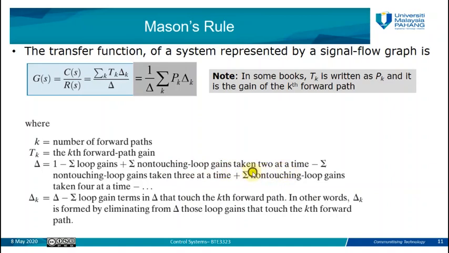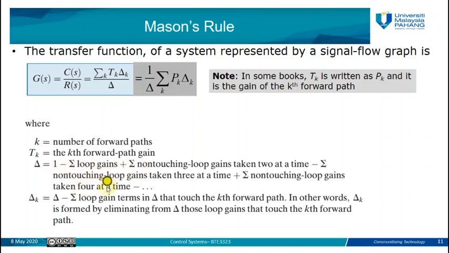That means we are going to find any two loops which do not touch each other. So if loop 1 does not touch loop 2, the product of their gains will be included in this formula to find the value of delta. If there is no non-touching loop, the value of delta will be only 1 minus the summation of loop gains.